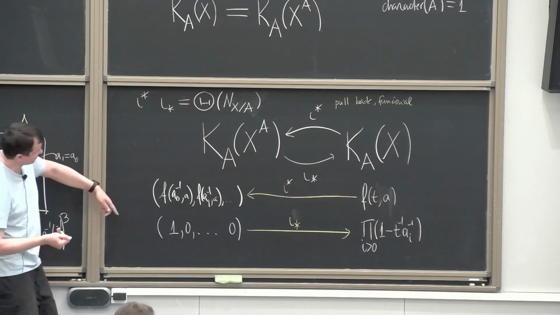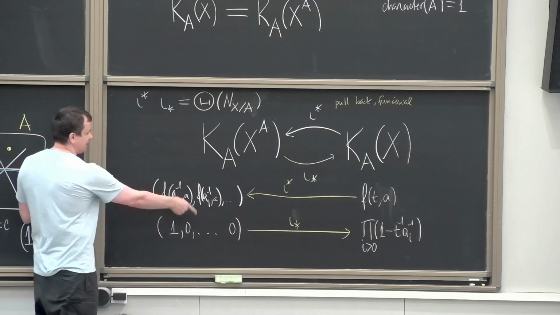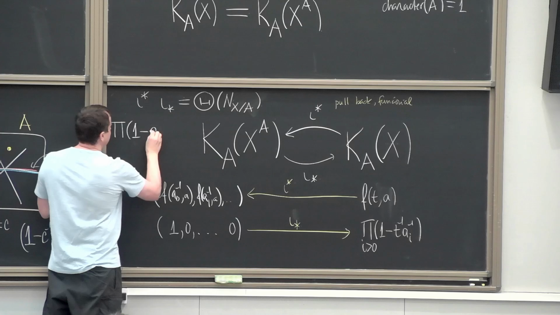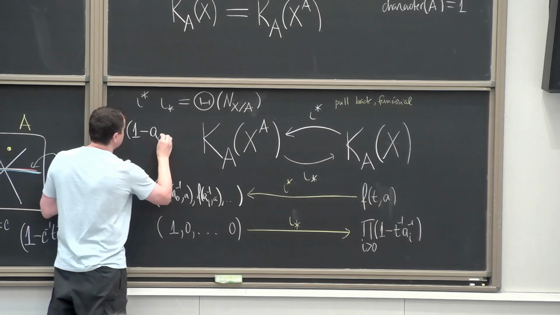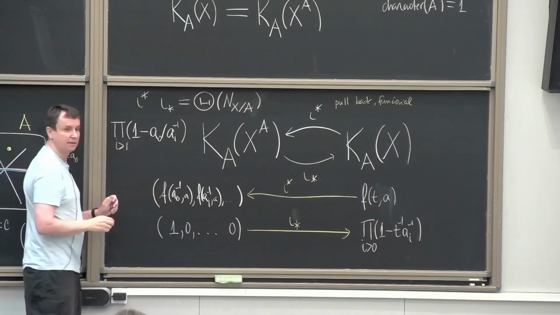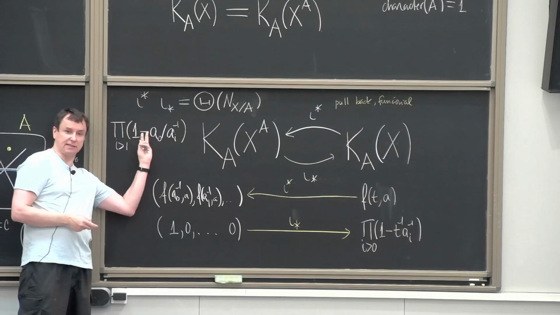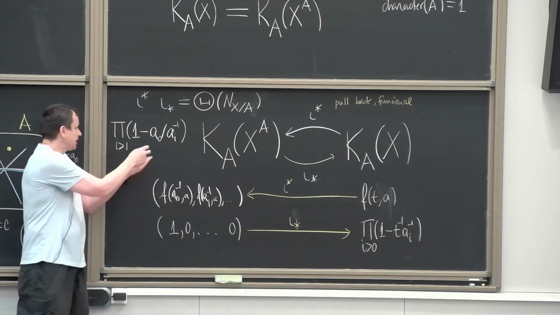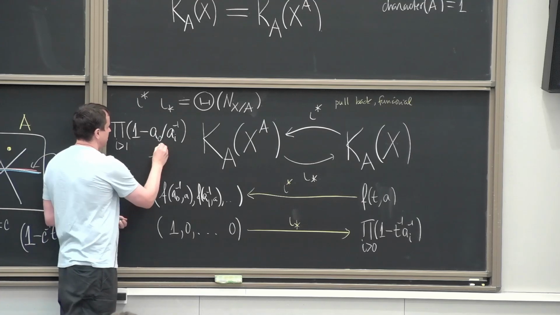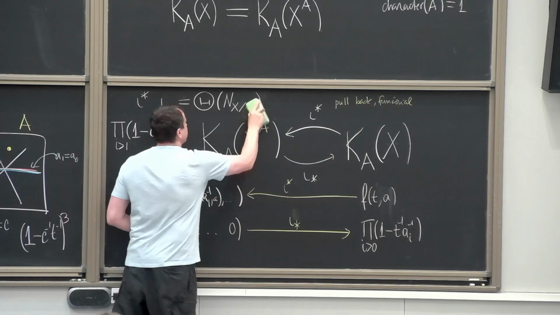Concretely in this example, I'm going to get a product of 1 minus t inverse, which becomes A0, divided by A_i inverse, product for i bigger than 1. These are the weights in the tangent space to this point, and this is the Koszul resolution at that point, because this is how the torus acts on the tangent space. These are weights of the normal bundle to the fixed locus.